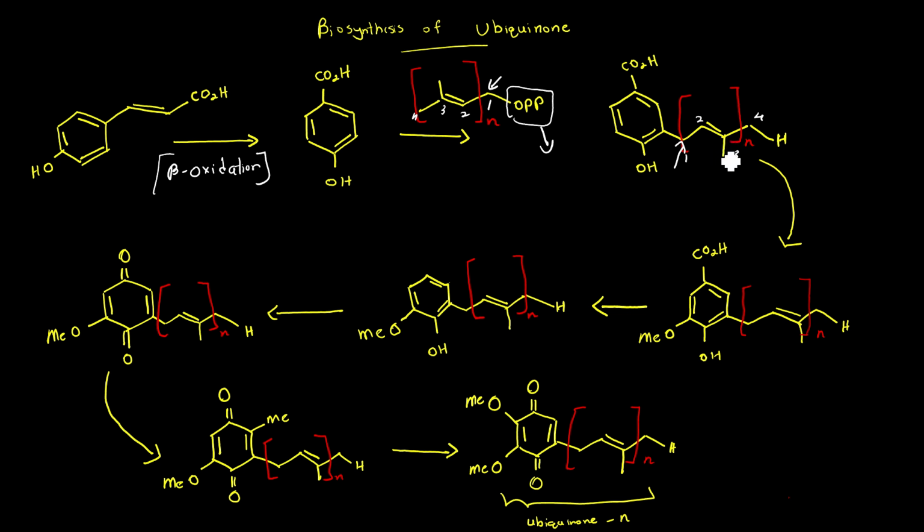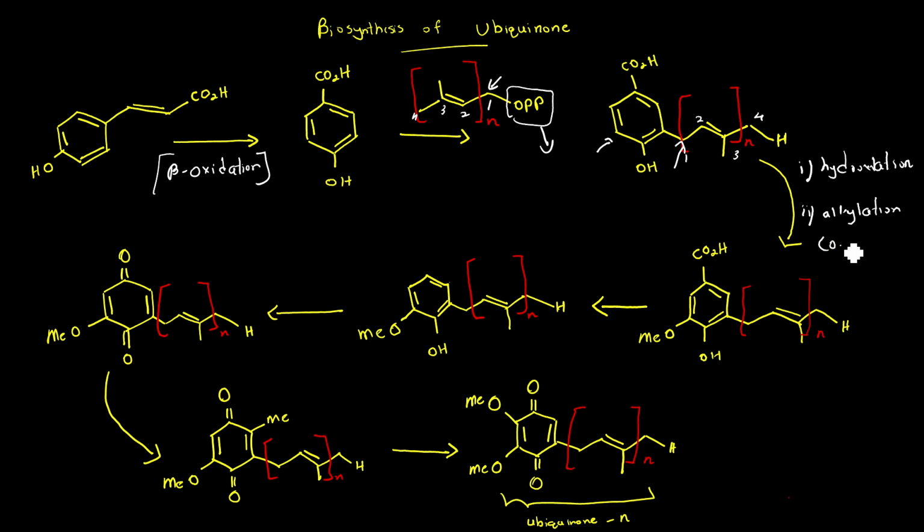Now in our next step, we are going to do two synthesis steps, first of which is hydroxylation. Basically we are going to introduce a hydroxyl group into this particular position, and then secondly we are going to introduce alkylation.